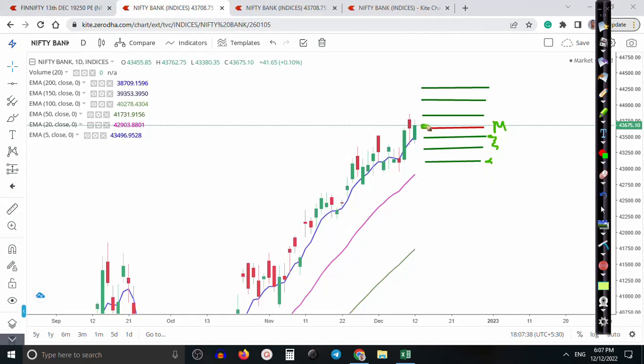Suppose price opens somewhere there, and after giving a pullback we need a bullish confirmation pattern and a bullish candle on the 15 minute chart. Once it appears, we use the pullback: once price hits this opening price, we definitely enter somewhere there, in this key level.